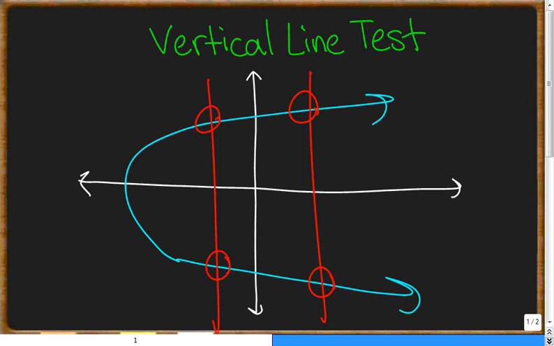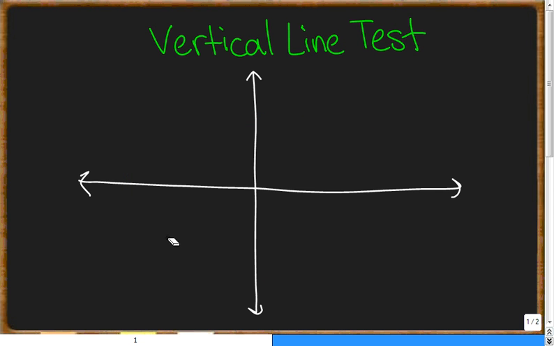For a function, we want one output per input. So you won't see sleeping parabolas a lot. What you see is the positive or negative versions of half of them. So you'll see something like square root of x that only has one place, as opposed to the positive and negative square root of x, which would have two.